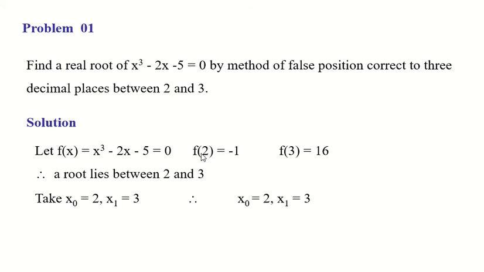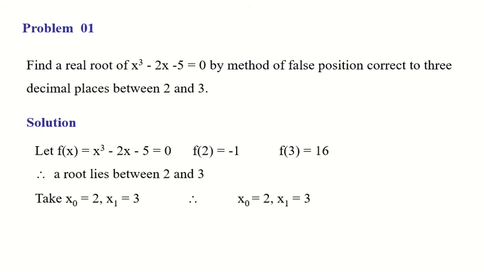f(x) is given, x0 is 2. So f(x0) is 2³ − 2×2 − 5. That gives you −1. Find f(x1), that is f(3): 3³ − 2×3 − 5.